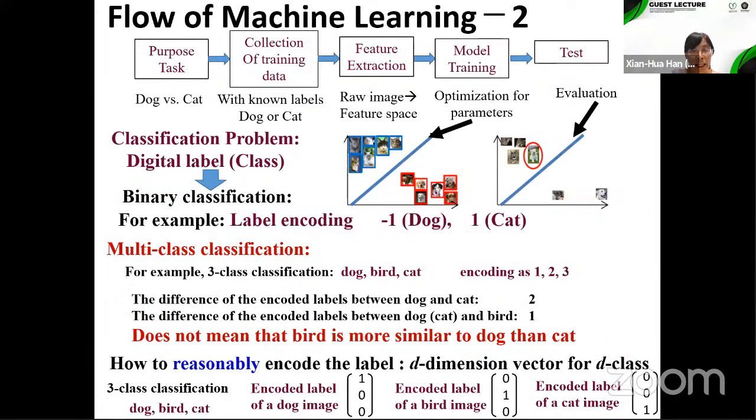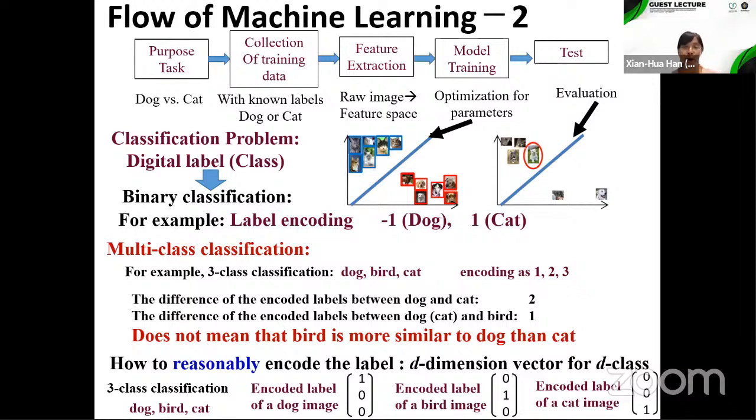For a binary classification problem, such as recognizing dog and cat mentioned in the previous slide, we can simply encode dog and cat as -1 and 1, or -1 and 0 is okay.